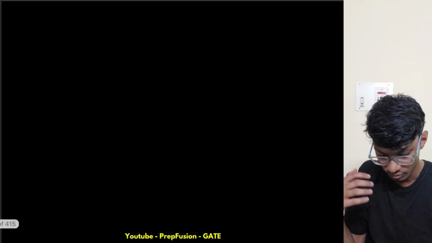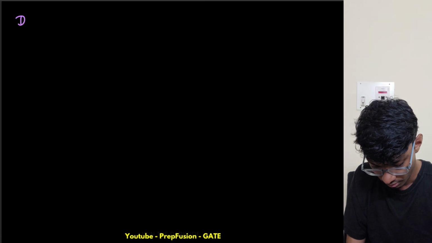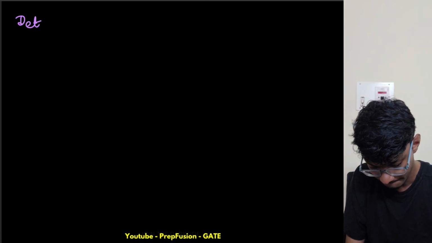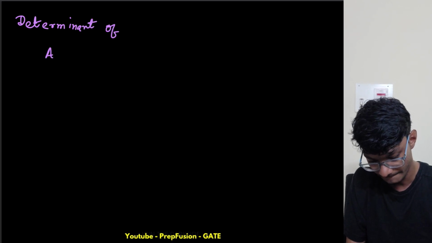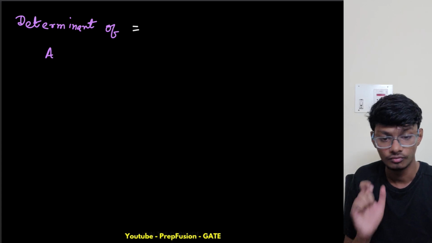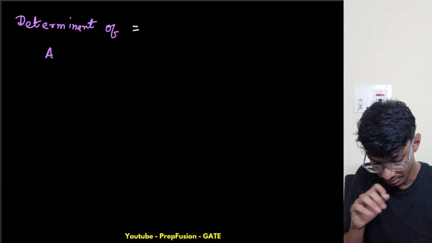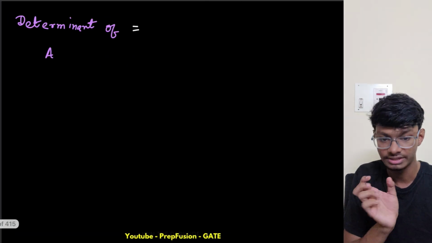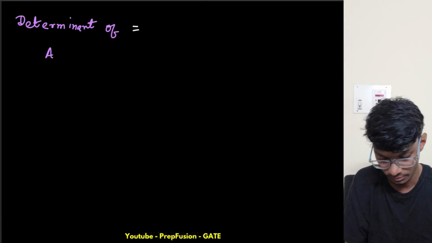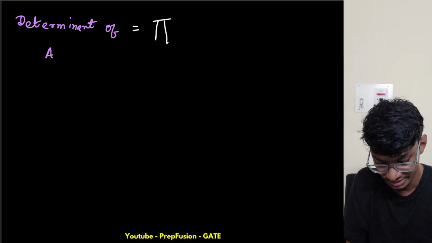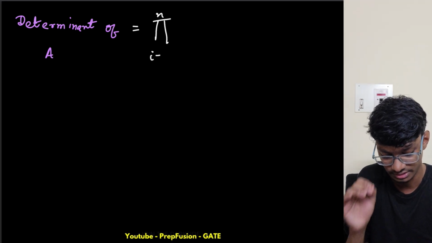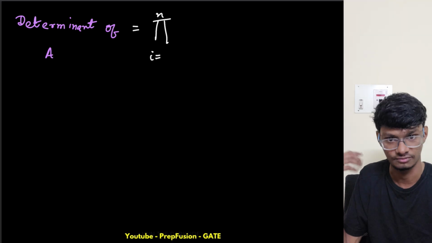Okay, so from here we get this relation. Now what is the determinant of A? Basically, the determinant of A is the product of the eigenvalues. By product we represent it as pi. Don't get confused, this is just a sign for products, as sigma was for summation.